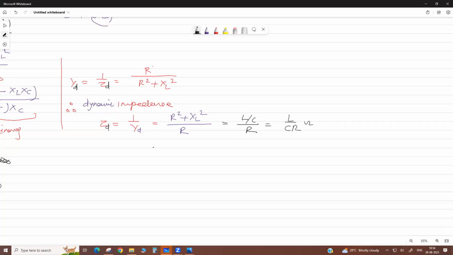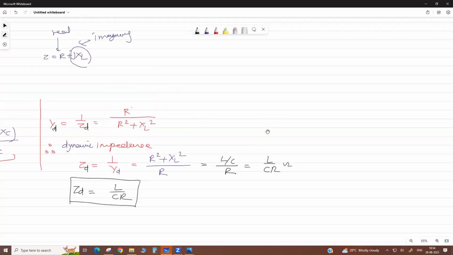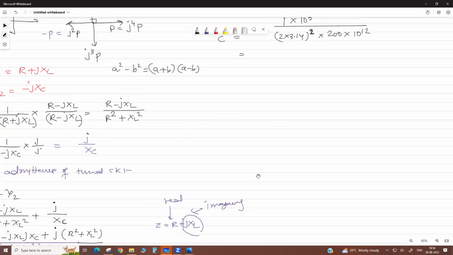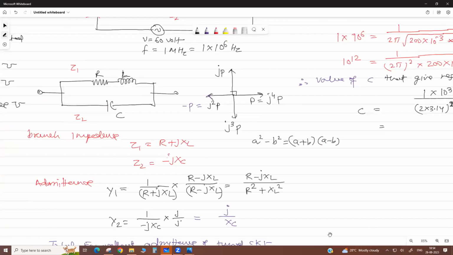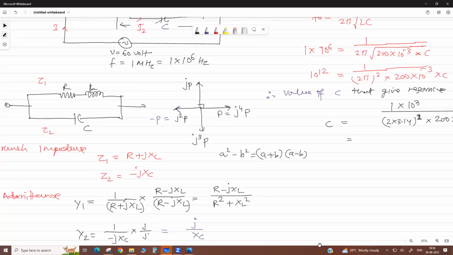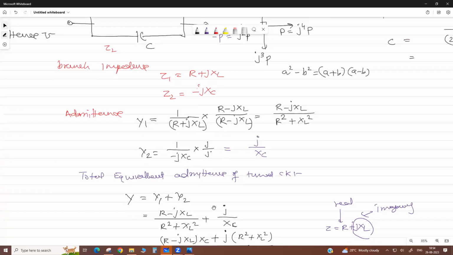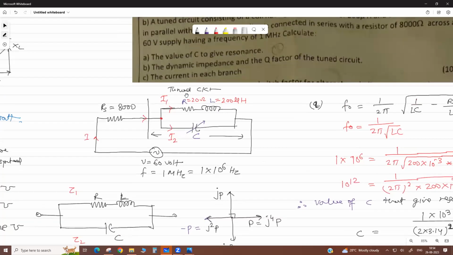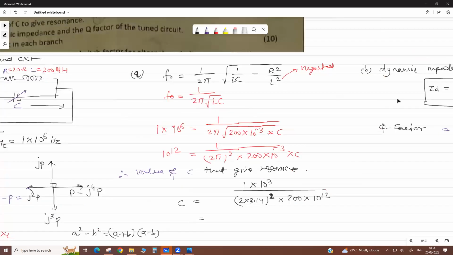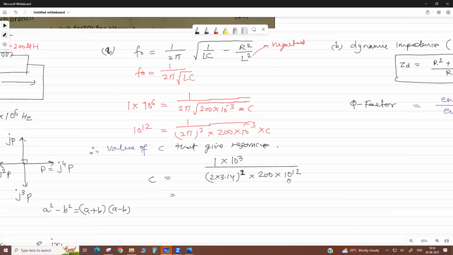Okay, this is ohm. Now you get, hello, how does the dynamic impedance come as L by CR? As we wrote initially, correct, we write here for this circuit. This is the dynamic impedance, as I told, L by CR.